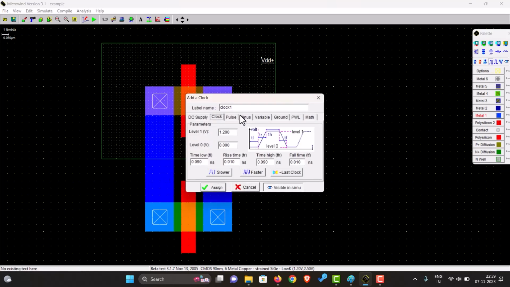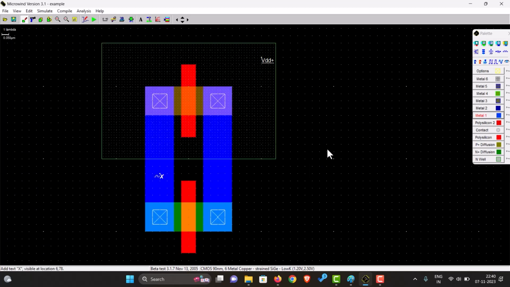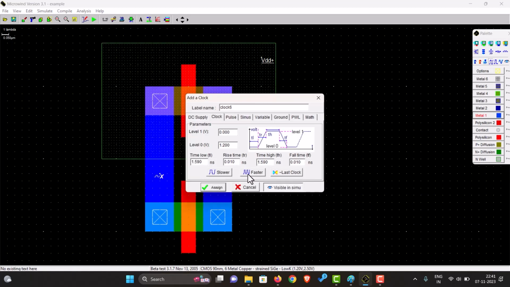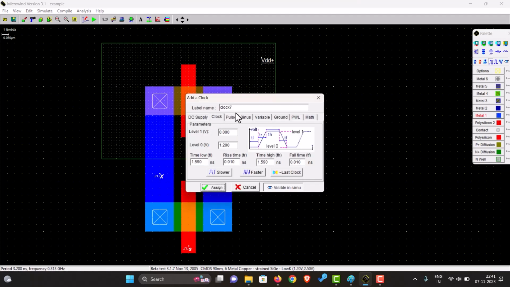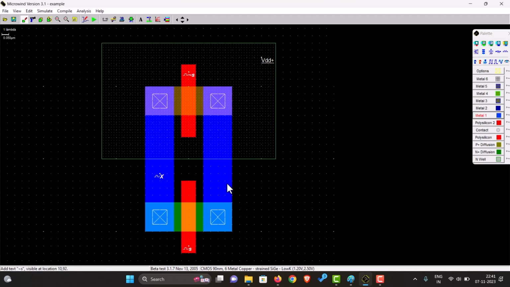Let's give a wave over here. So let us say we call this X. Let's call this S. We will just give the inverse of the last clock here, so this would be S bar. Let us see the output over here.